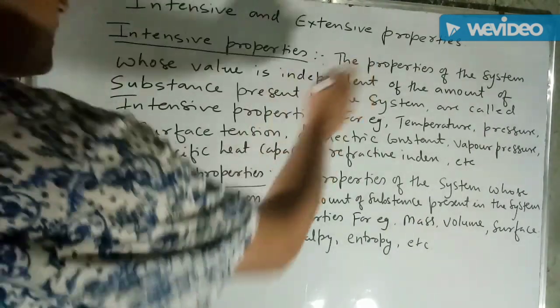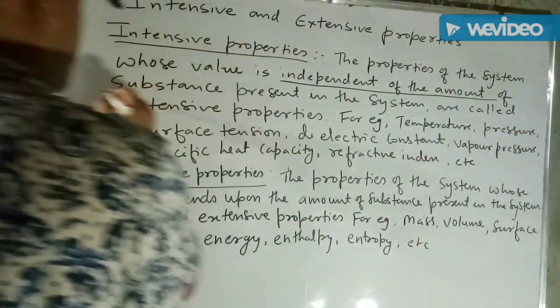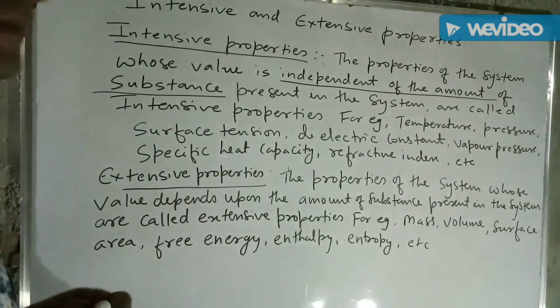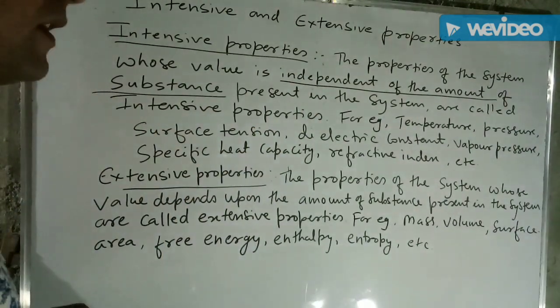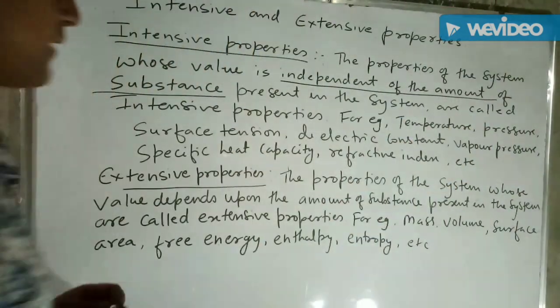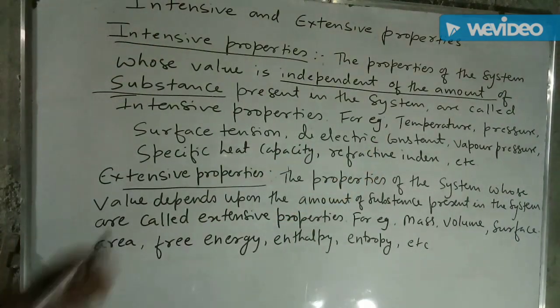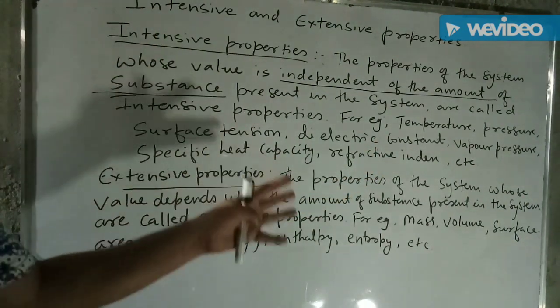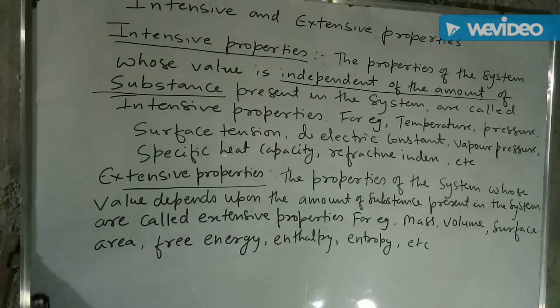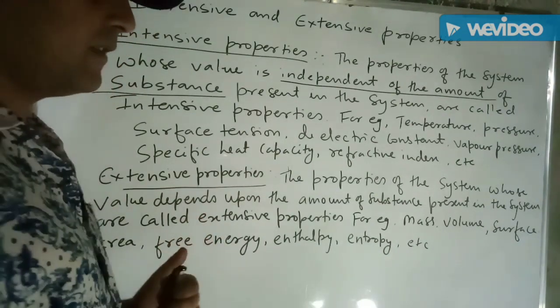The properties of the system whose value is independent of the amount of substance present in the system are called intensive properties. For example, temperature, pressure, surface tension, dielectric constant, water vapor pressure, specific heat capacity, refractive index, etc. These properties are independent of the amount of substance taken.